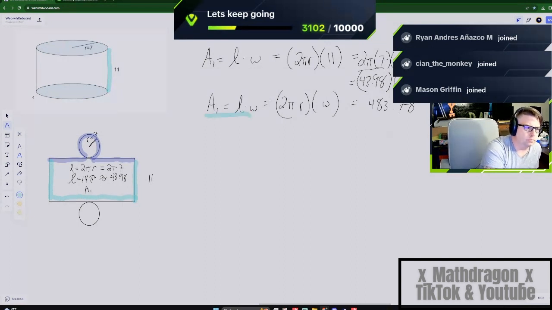Now, for the circle, area 2 and area 3 are going to be the same thing. Pi r squared, which is pi times 7 squared, because the radius from the center out to any spot on the circle is going to be the same.